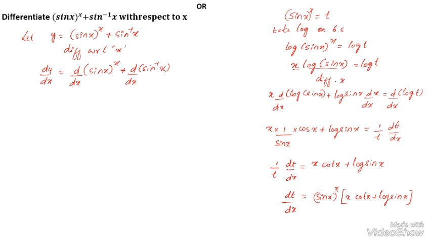Okay, so substituting the value here, it becomes sin x whole to the power x into x cot x plus log of sin x, plus what is the differentiation of sin inverse x? That is 1 divided by root of 1 minus x squared. This is dy by dx.